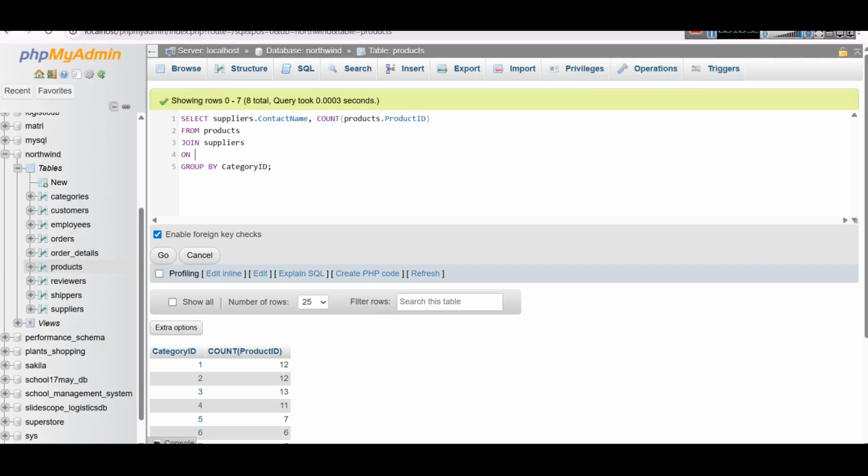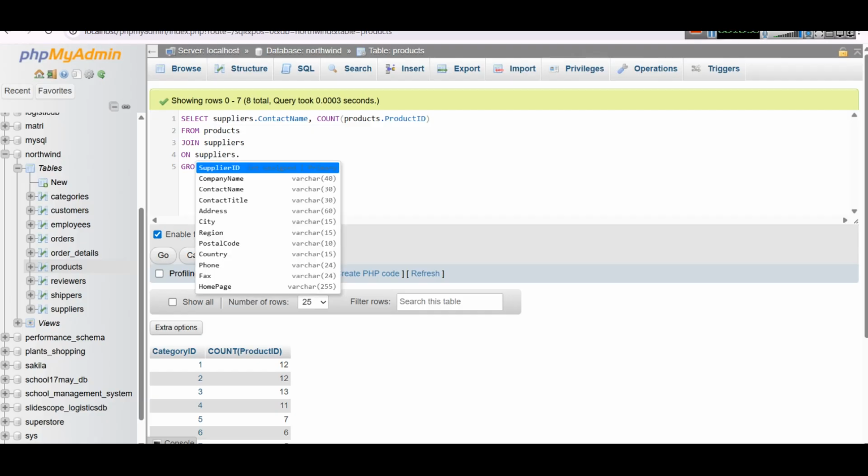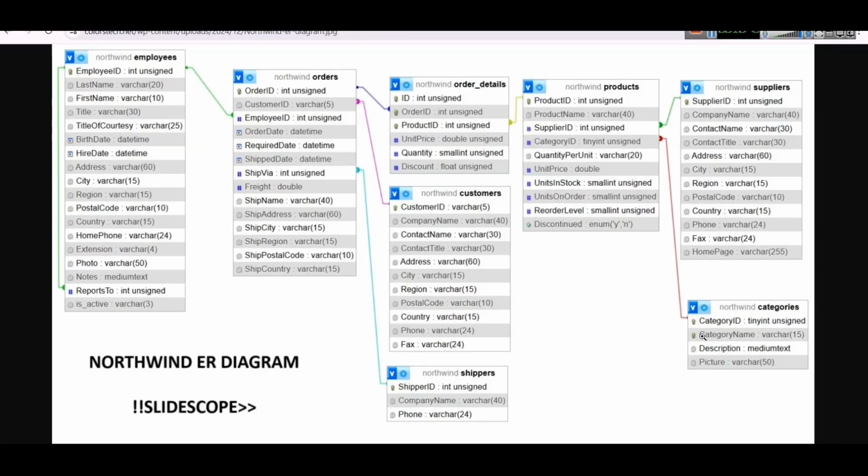Suppliers dot... Sir, what is common in both? What is common? Product ID. How can product ID be common between them? Customer ID.